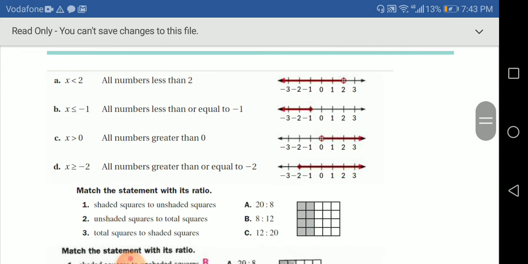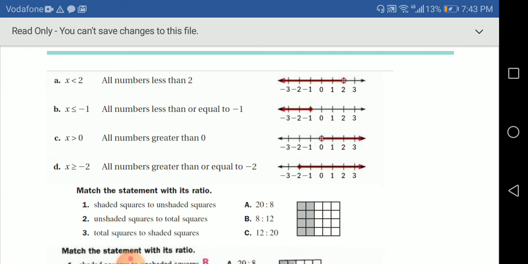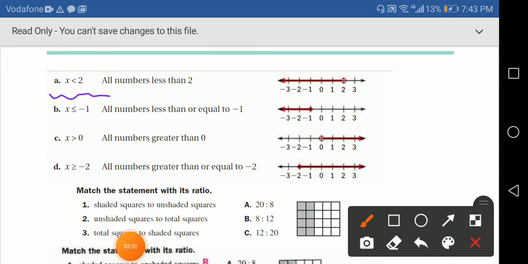What about this part? The inequalities. Okay, guys, when I hit the inequalities, it's the same as the equation, but we have the less than, greater than, less than or equal, greater than or equal signs. Here I have x less than 2.